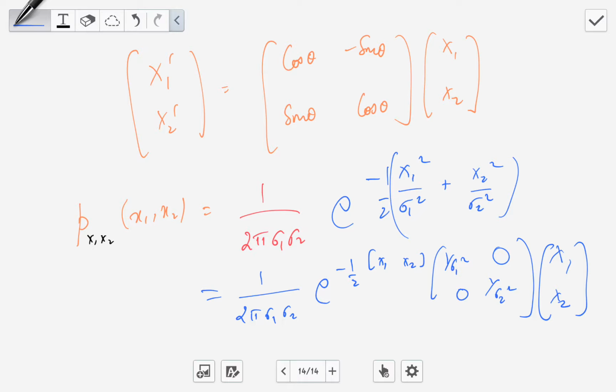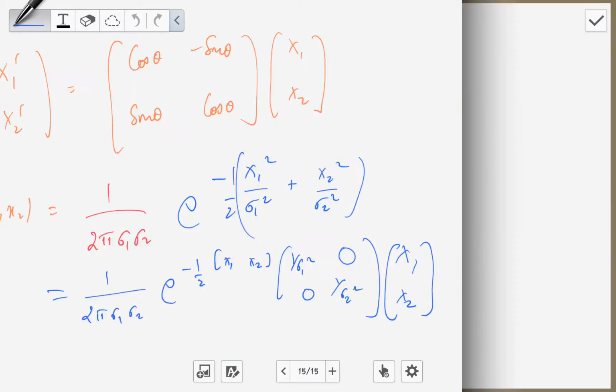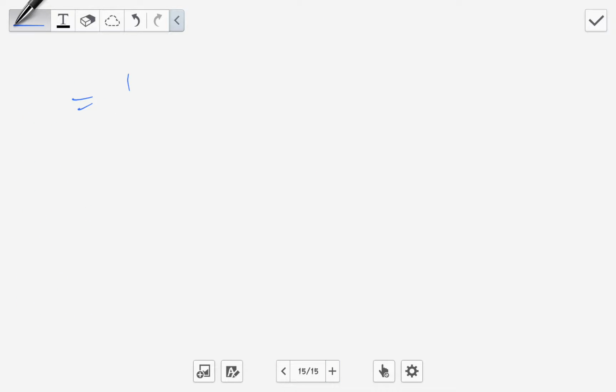Okay, I write it this way. Now what we have next is 1 by 2 pi e to the power minus a half, and then I'm writing it again.